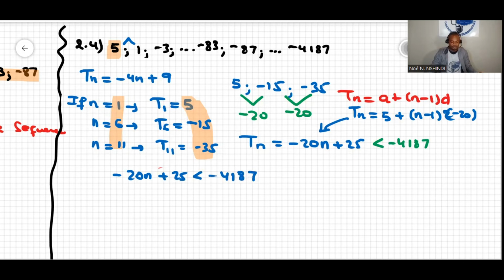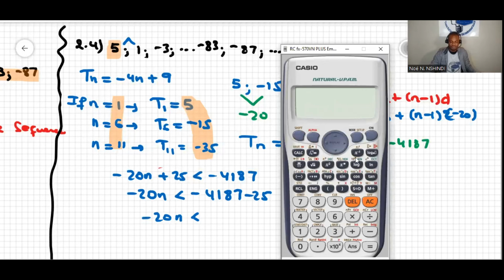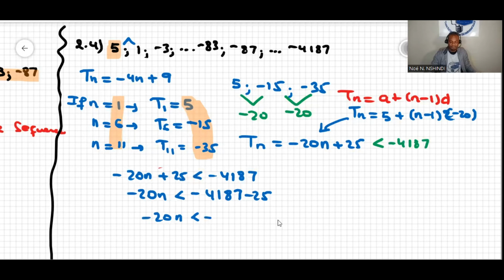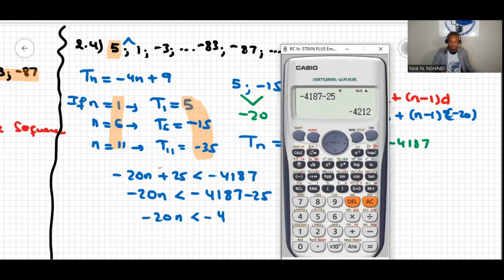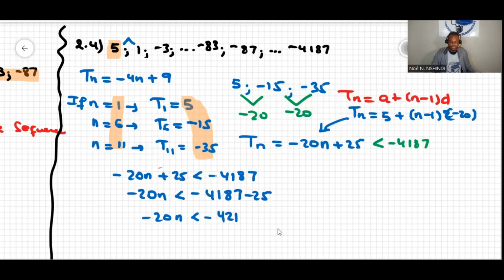If I move the 25 over, that makes negative 20n less than negative 4,187 minus 25. We can use a calculator for that. Negative 4,187 minus 25 is equal to negative 4,212.